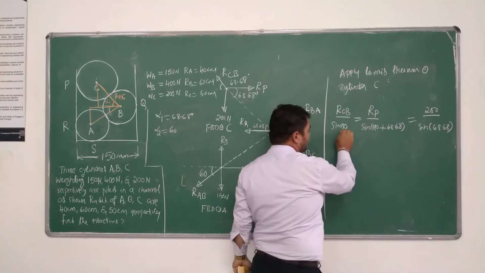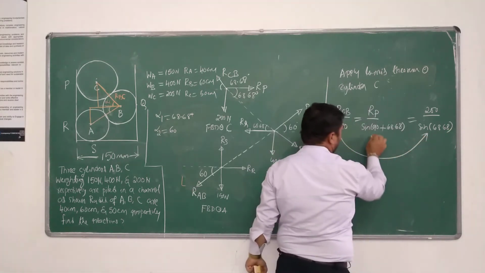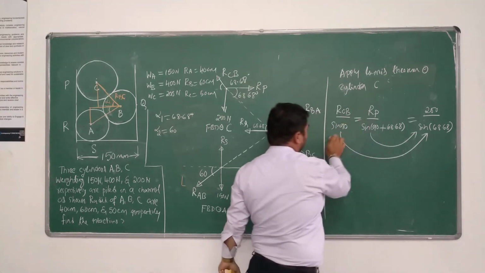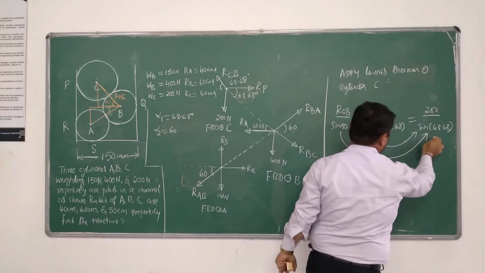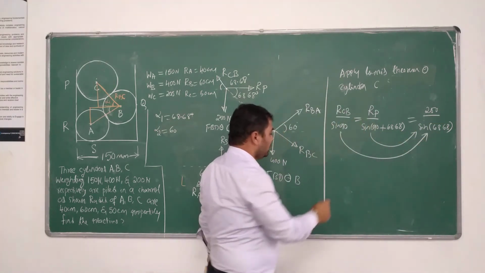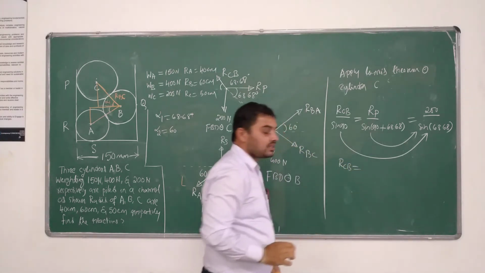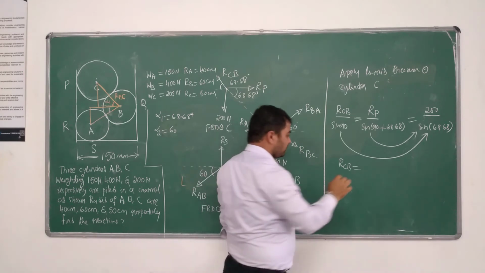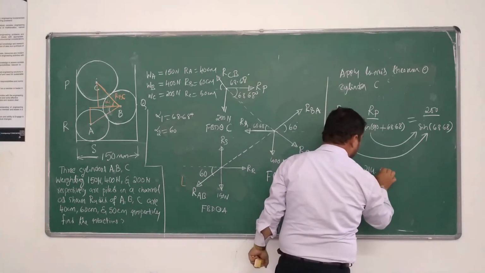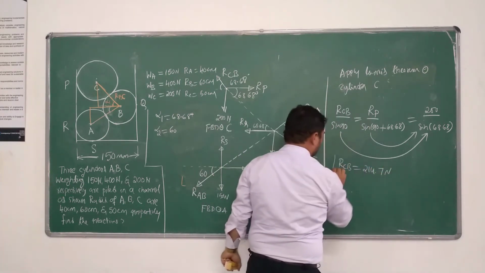From which we can calculate the value of RP and RCB. If we equate RCB by sine 90 to 200 by sine 68.68, we will get the value of RCB. Therefore RCB, or RBC, is equal to 214.7 Newton.